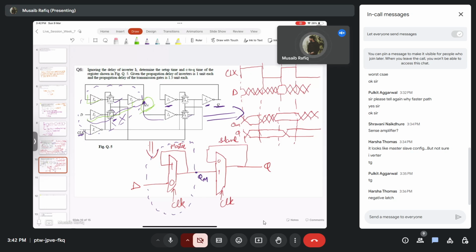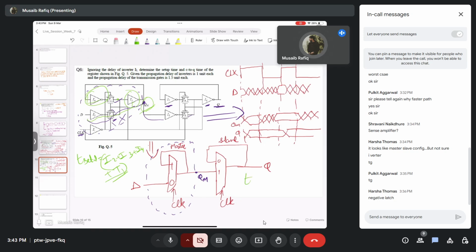When we take these delays into consideration, this ensures that the node voltages at both terminals of transmission gate T2 are at the same value. Otherwise, it is possible for the cross-coupled pair to settle to an incorrect value. Thus, the setup time is given by I2 plus I3 plus I4 plus the transmission gate T1 delay. So this is my setup time.